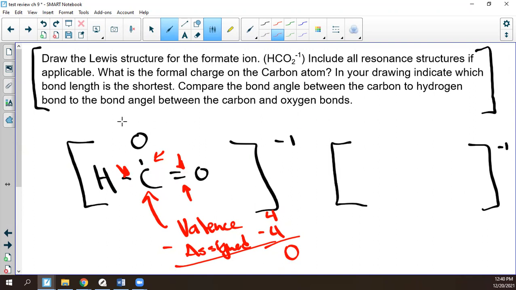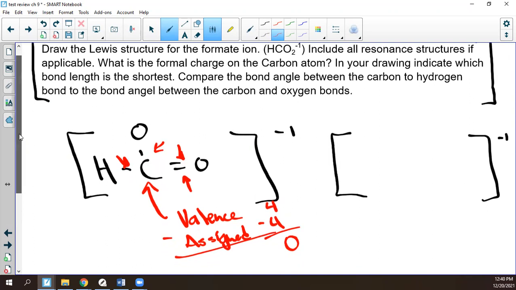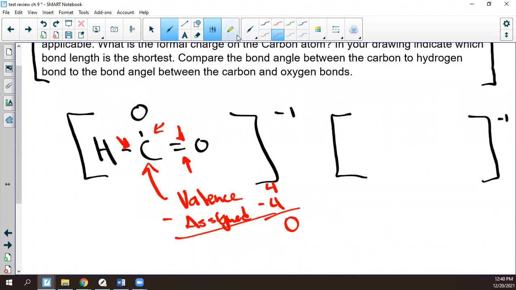In your drawing, indicate which bond length is the shortest. So I'm going to highlight in blue the bond length that is the shortest. You tell me where to put it. C double bond O. That would be my shortest. Why? Double bonds are shorter than single bonds because the positive nuclei are more attracted to multiple pairs.